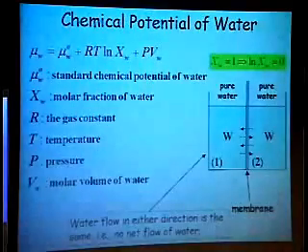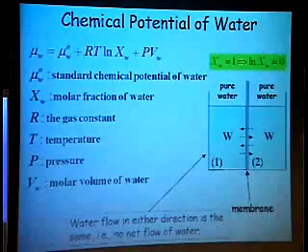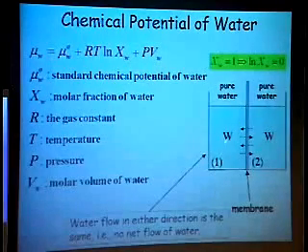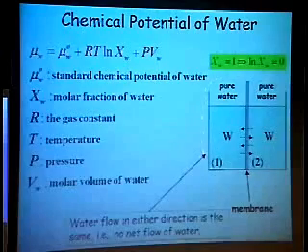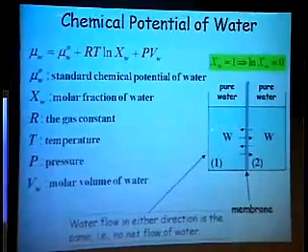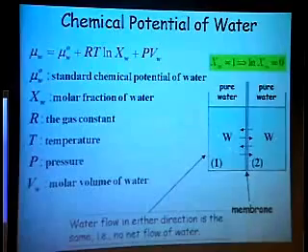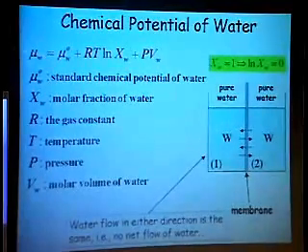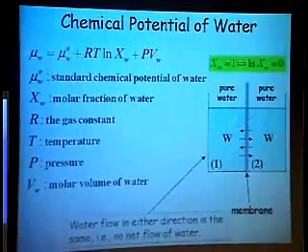So now let's have a quick look on these properties. Basically, let's have a look on two compartments. To start, let's start with pure water on the two sides, and this is an equilibrium situation. Water can move from one side to the other or in an opposite direction, because the chemical potential of water on the two sides is the same.